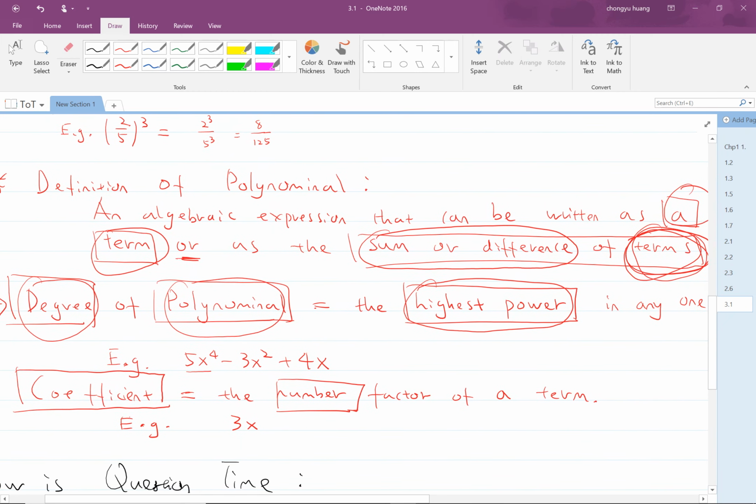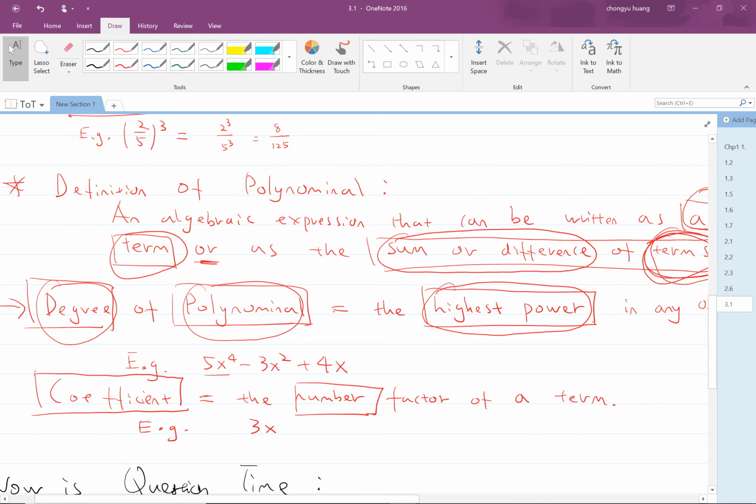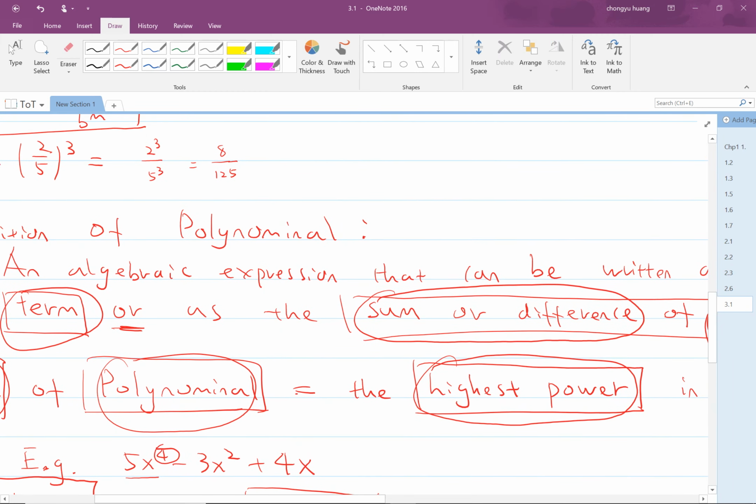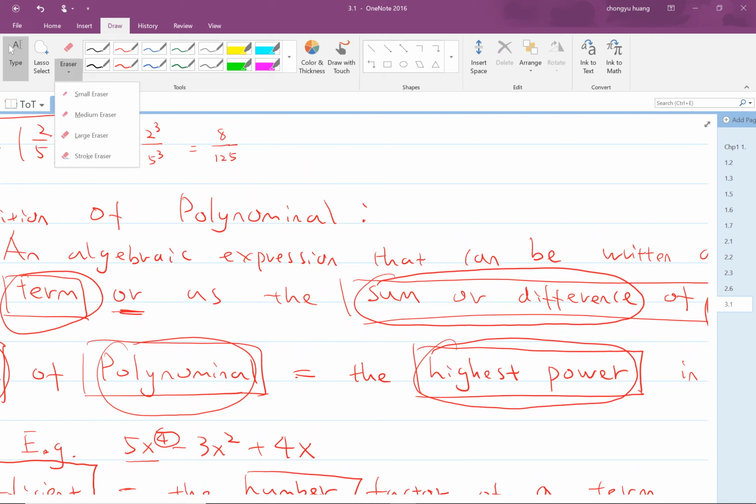You can see the highest power over here is 4. So the degree is equal to 4.